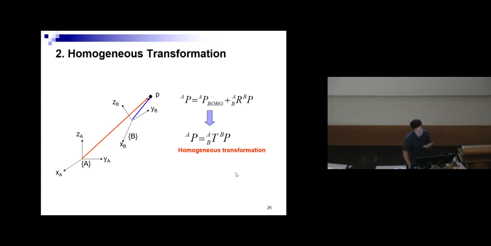The problem with this 3 by 3 matrix is that this transformation itself, AP equal to AP B origin plus ABR BP, involves additions. So it would be nice if we can accomplish everything via matrix multiplications. This can be done if we express everything in the form of a homogeneous transformation. So meaning that we want to convert this form to AP equal to ABT BP.